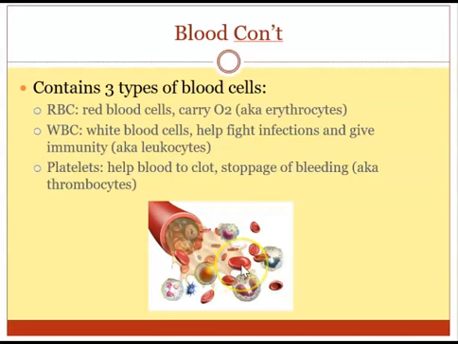So these little red discs that look kind of like donuts, these are representing your red blood cells. These larger ones that are kind of clear and have different shapes inside of them, these are different types of white blood cells. Okay, so we'll be learning later on the different types of white blood cells.